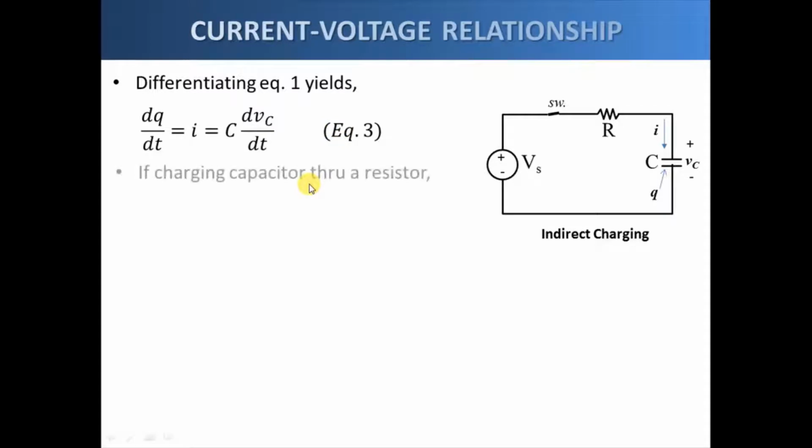Now if we apply this to the series RC circuit, we have an I that is a decaying function that starts at the maximum value V sub S over R, and then as time progresses, this current will decay towards a zero value.